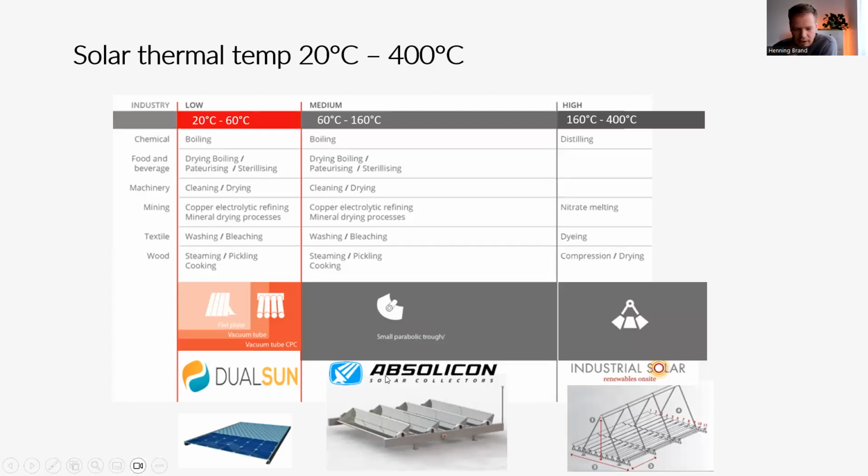That is the company that I'm working for at this point, Absolicon, where you're concentrating the heat, and you can reach temperatures between 60 and 160. And then you get something called Fresnel solar thermal, and they concentrate the heat even further. They have many more mirrors that concentrate the heat on one focal point, and they can go up to 400 degrees Celsius.